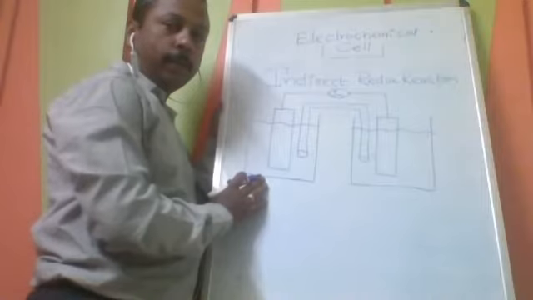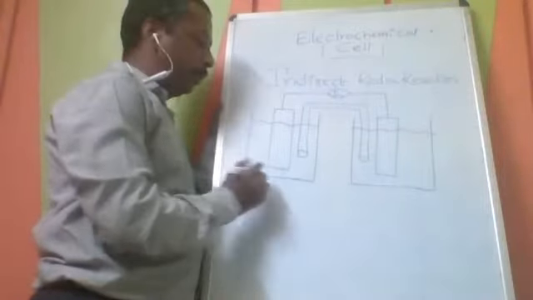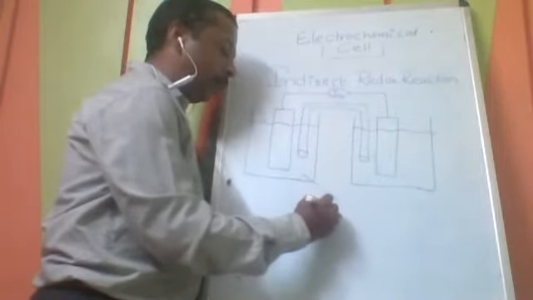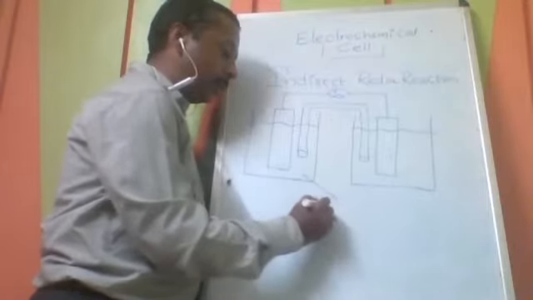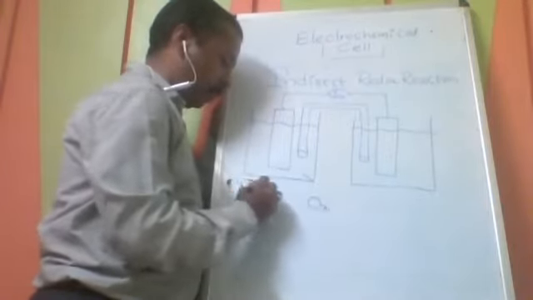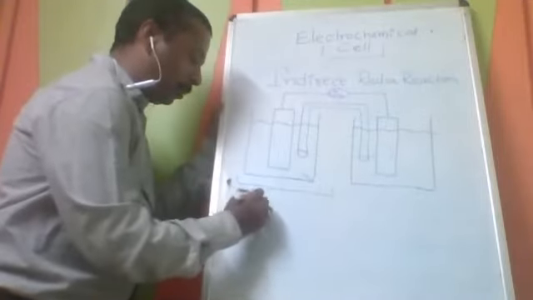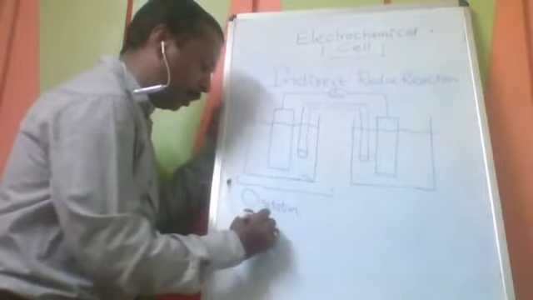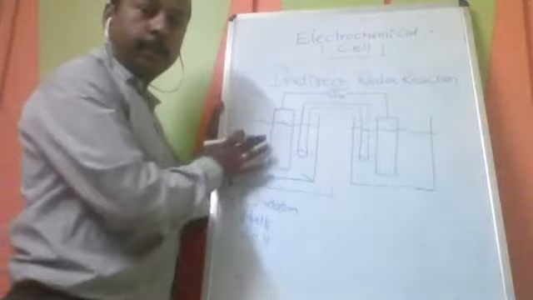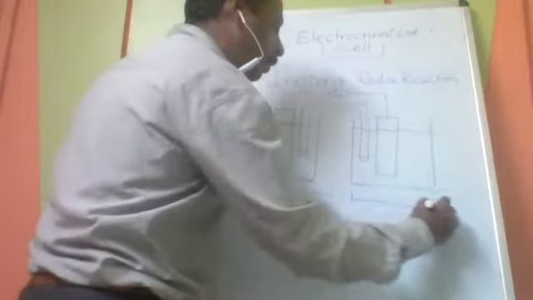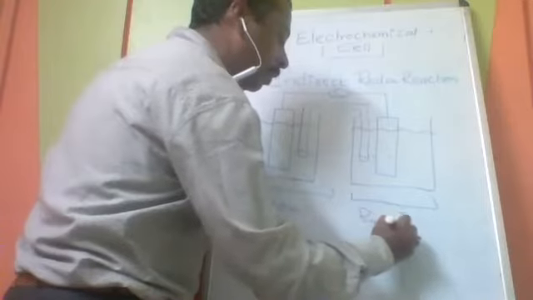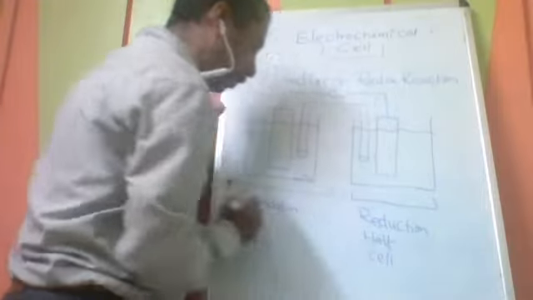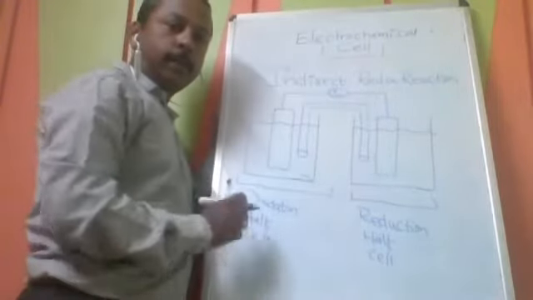In the electrochemical cell, this complete part is called the anode or oxidation half cell, and this complete part is called the reduction half cell. One is called oxidation half cell, another is called reduction half cell.